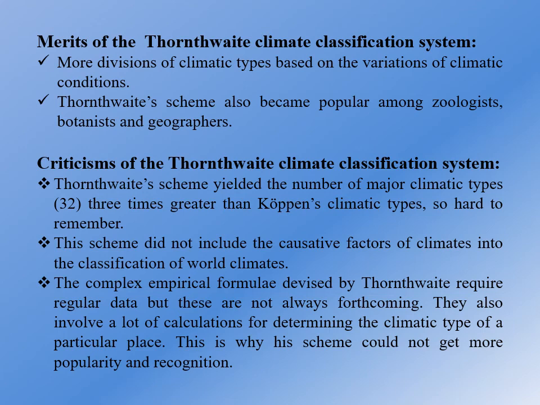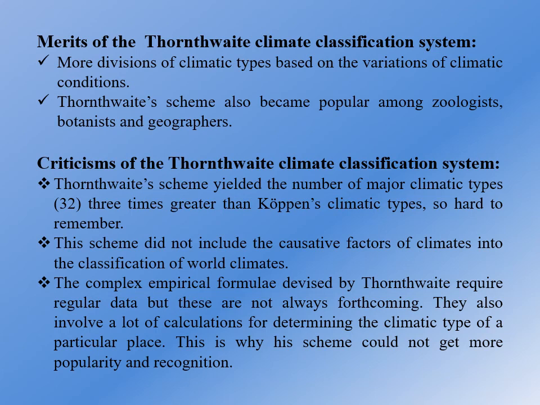The complex empirical formulas devised by Thornthwaite to deduce the precipitation effectiveness value, temperature effectiveness value, potential evapotranspiration value, and moisture index values involve complex mathematical calculation, and a lot of calculation is used on the basis of these values to determine the climatic type of any particular place.